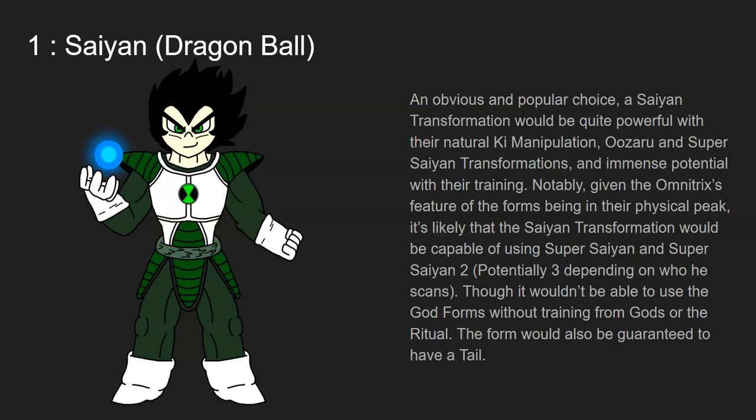Notably, given the Omnitrix feature of the forms being in their physical peak, it's likely that the Saiyan transformation would be capable of using Super Saiyan and Super Saiyan 2, potentially Super Saiyan 3 depending on who the user scans, though it would not be possible to use the God forms without training from gods, or the Super Saiyan God ritual. The form would also likely have a tail, regardless of if who he scans doesn't have a tail, because, again, physical peak and all that.